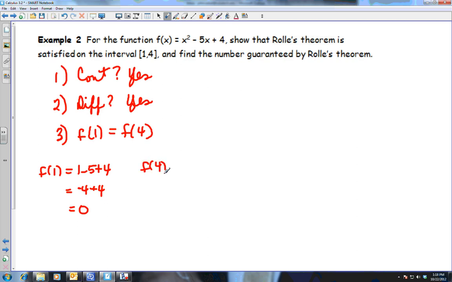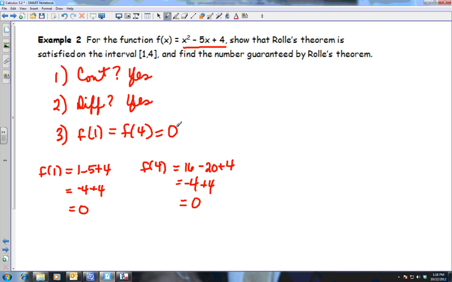F of 4, so 4 squared would be 16 minus 5 times 4 is 20 plus 4. And remember, I'm plugging it into this equation. Negative 4 plus 4, 0. So I know that f of 1 does equal f of 4 because they both equal 0. So I know that I can use Rolle's theorem.